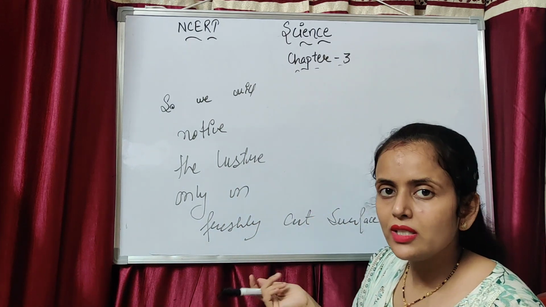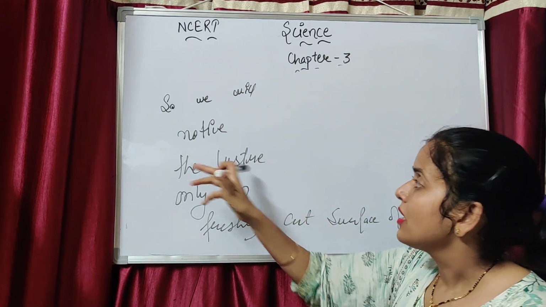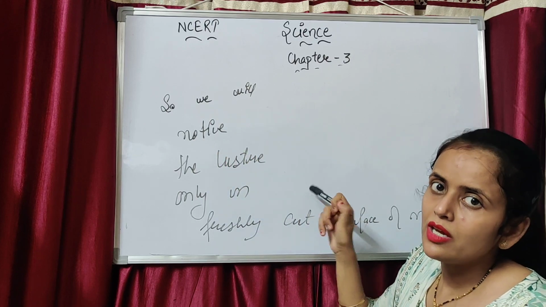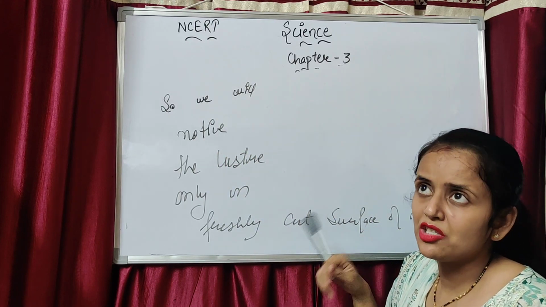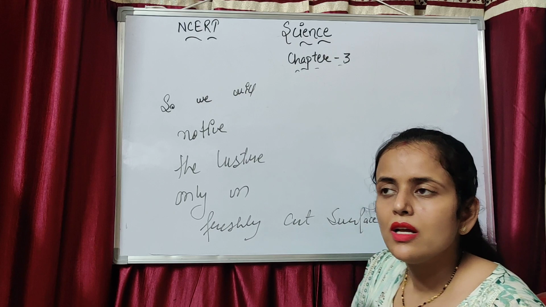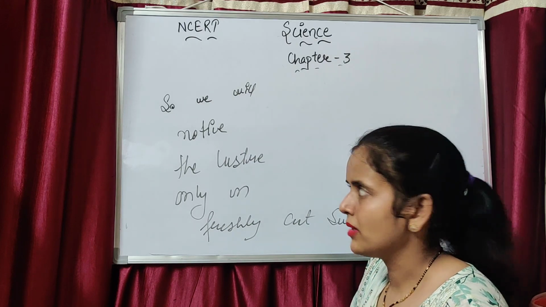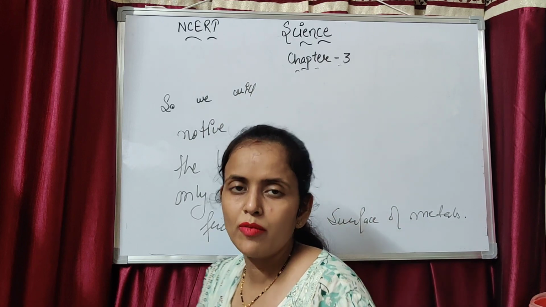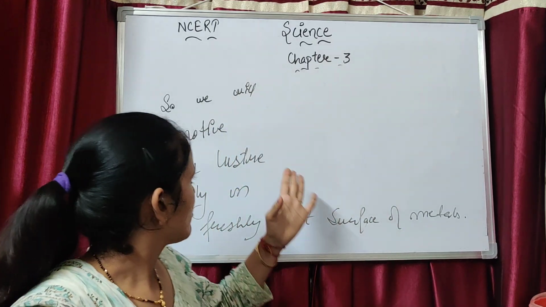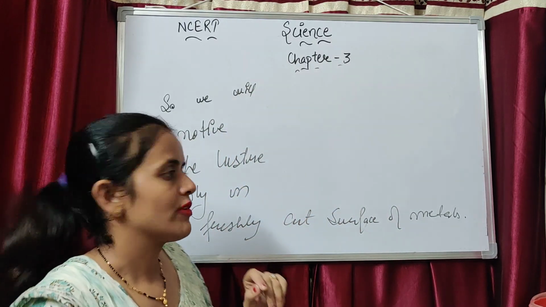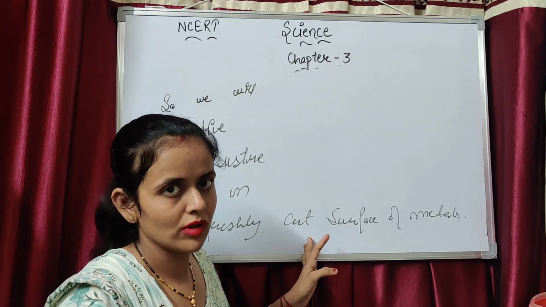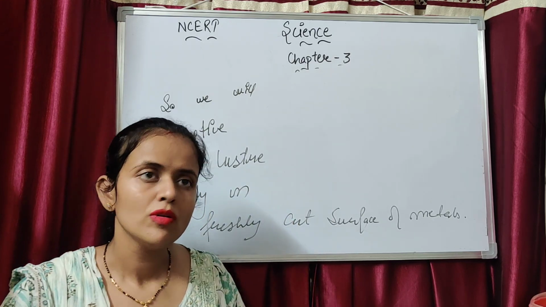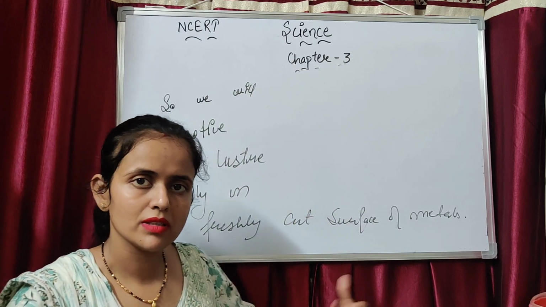Then the properties: the first property is appearance, that materials that have luster are known as metals, like iron, copper and aluminium. They appear dull due to the presence of air and moisture. So we will notice the freshly cut surface of the metal if we want to notice the luster. Thank you, and the next part we will discuss tomorrow.